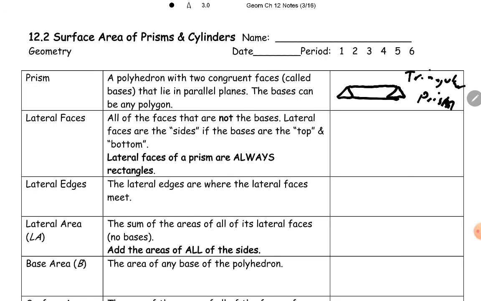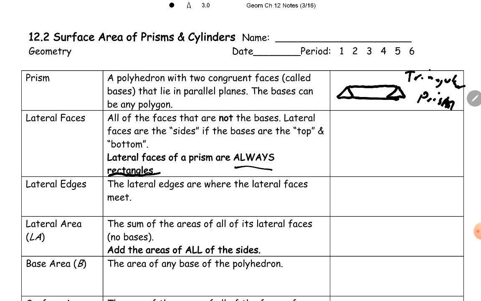The lateral faces are all the faces that are not the bases. Lateral faces of a prism are always rectangles. So if you ever have a prism, it's always a rectangle lateral face.